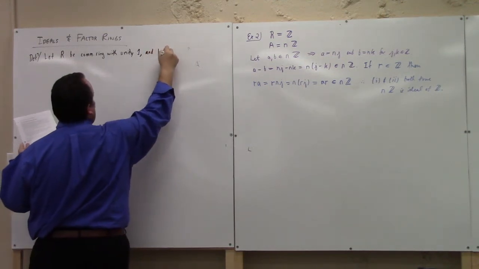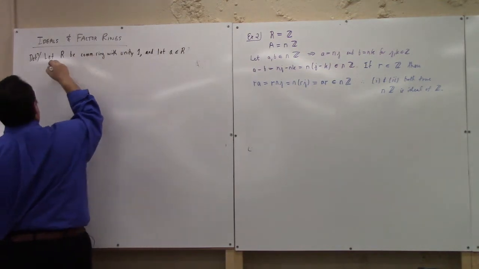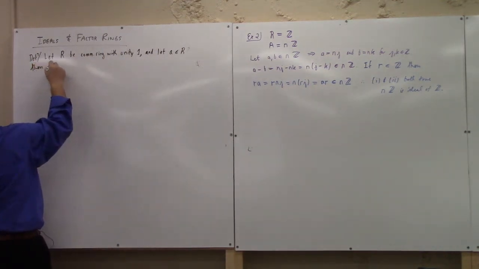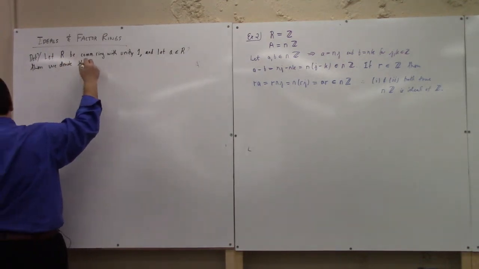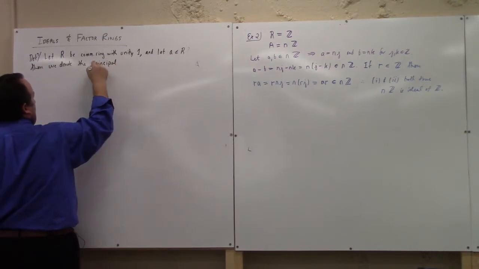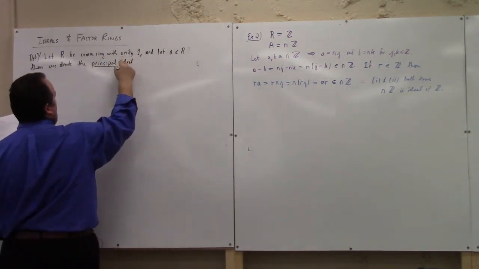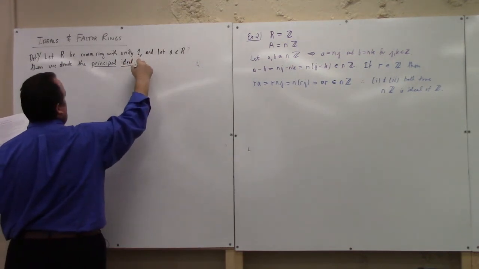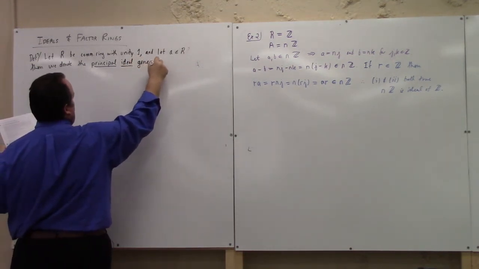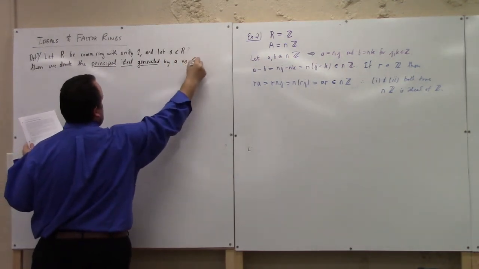And let a be an element of the ring. Then we denote the principal ideal generated by a as bracket a bracket.